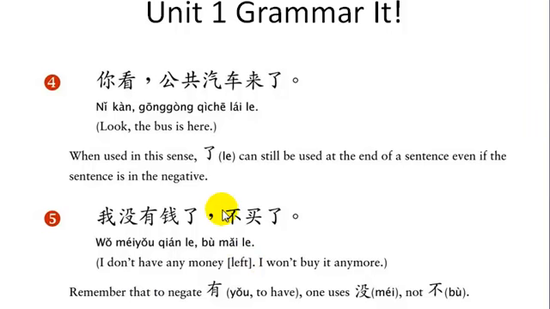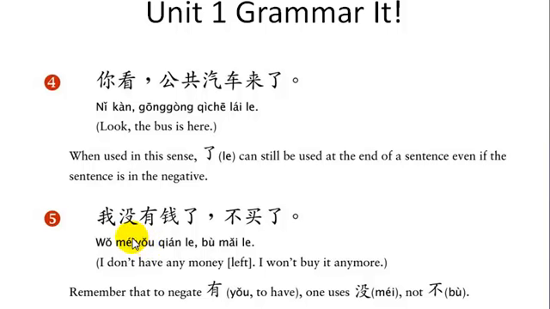Okay, so it can be used in a negative way as well. I don't have any money left. I won't buy it anymore. So the intention was that you wanted to buy it, but the situation has changed, so you can't buy it. And the reason why is because you don't have any money.